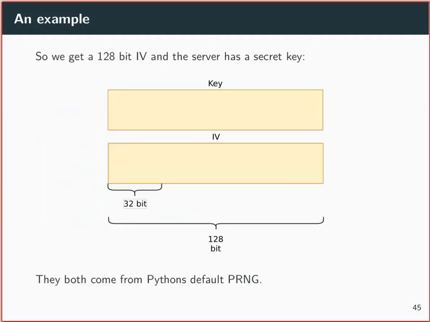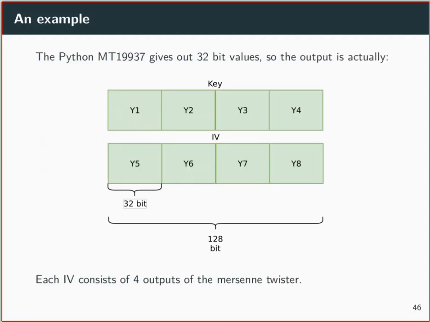Well, we have a key and an IV. Both are 128 bits long. They come from Python's Mersenne twister, which outputs 32-bit numbers. And if you request more bits, it just concatenates multiple outputs of the Mersenne twister.